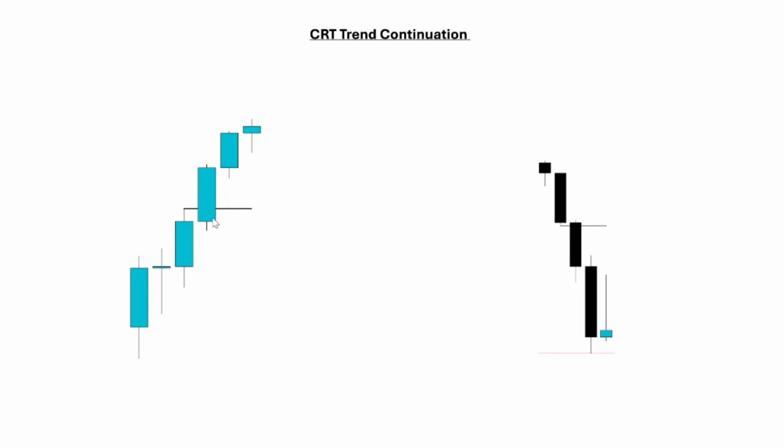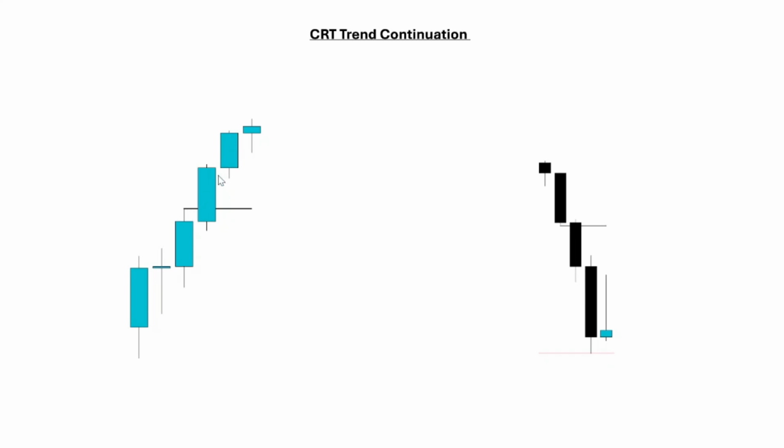When the previous candle closed above the recent up close candle, you can anticipate the next candle to be an up close candle because it is indicating a trend continuation. If we were to look at it on a lower time frame, it would be an uptrend. So it's an easy way to anticipate the next candle to be an up close candle if the recent candle closed above the previous candle.